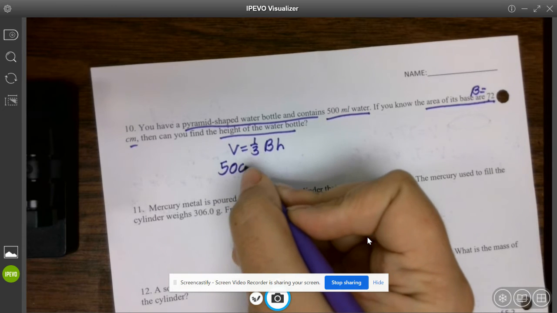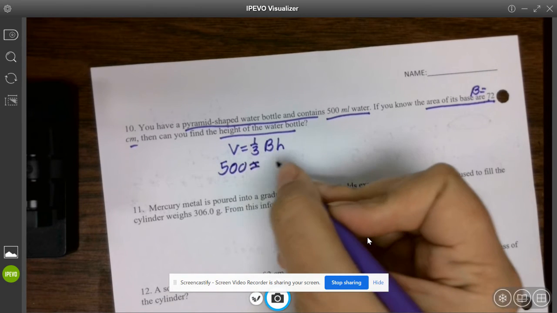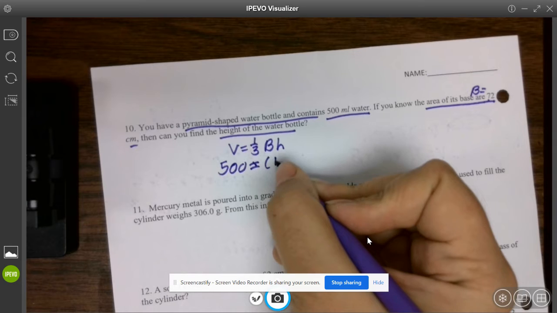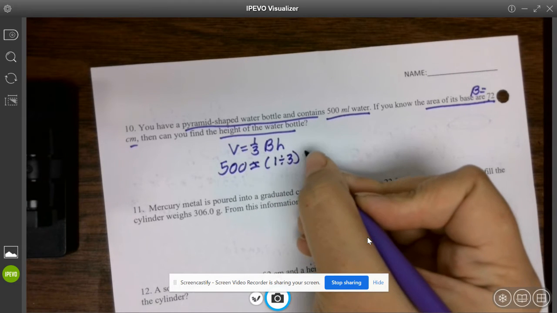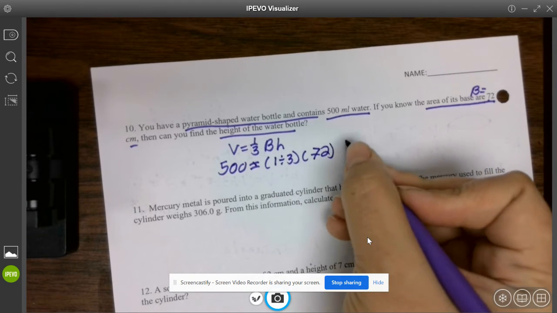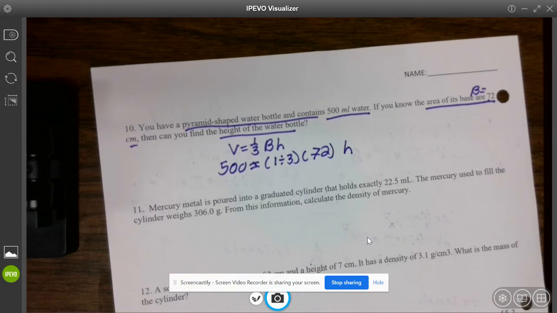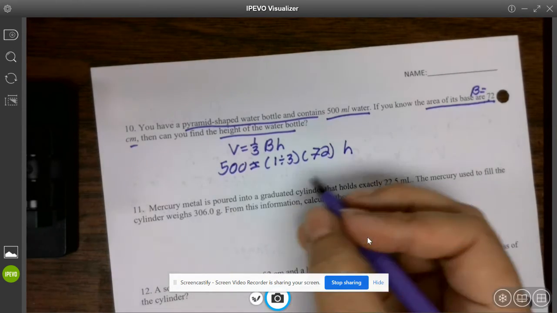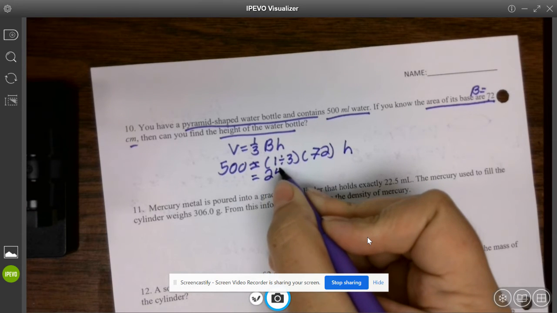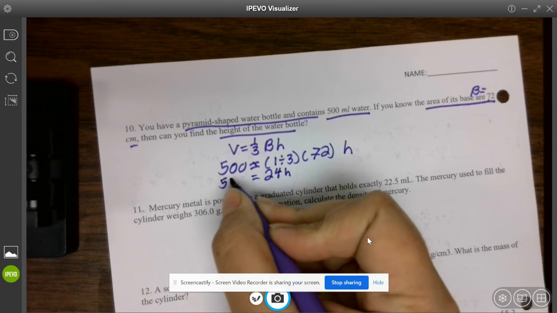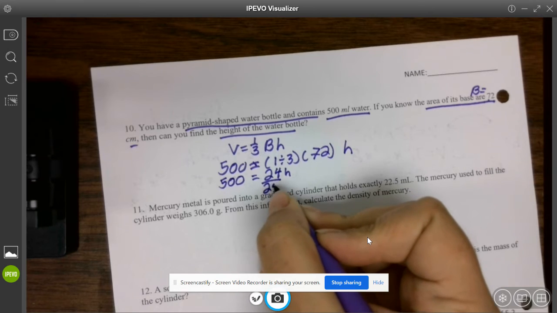So 500 is equal to 1/3 times 72 times our height. 1/3 times 72 is 24. Remember, we want to get h by itself, so we're going to divide each side by 24.